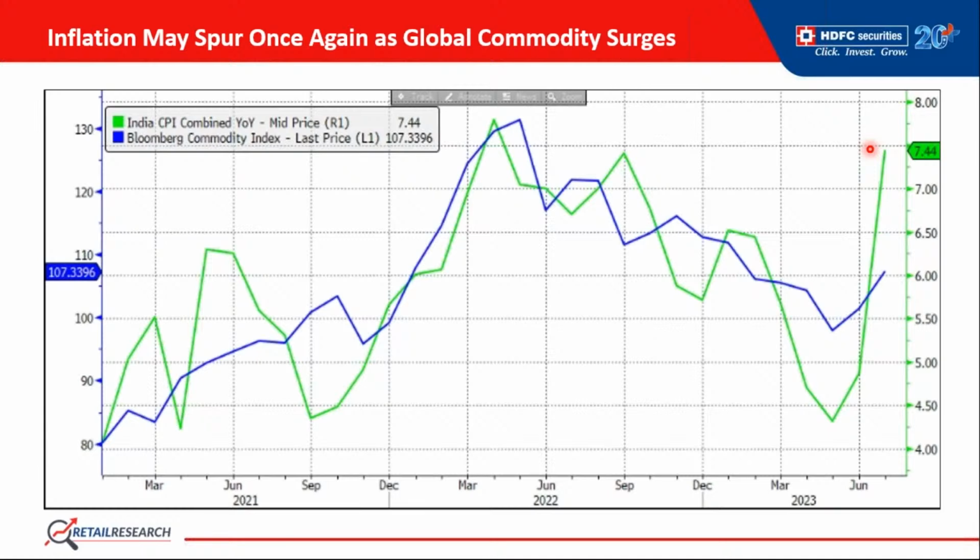But if we go by the past few statements from the RBI members, we can see that as food prices, particularly vegetable prices, have started coming down, the inflation which spiked to 7.44% due to tomato and some of the spice items, the impact can be nullified, and that can be reflected in the upcoming numbers.